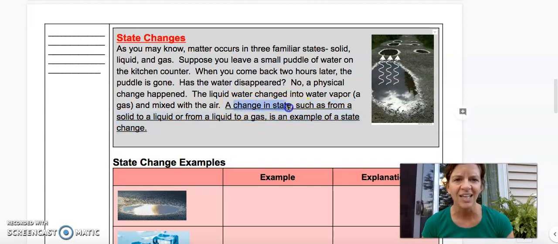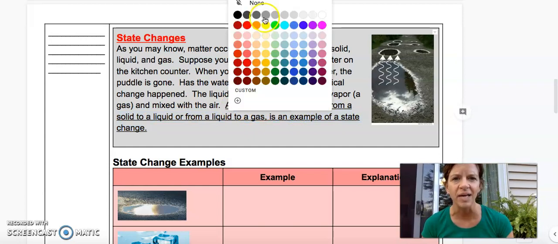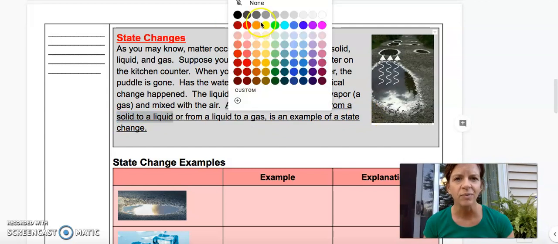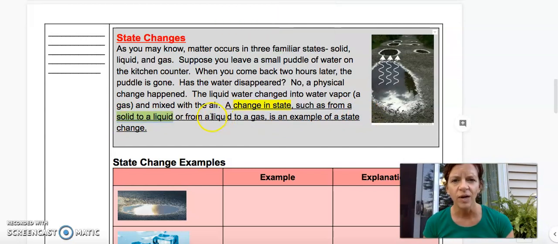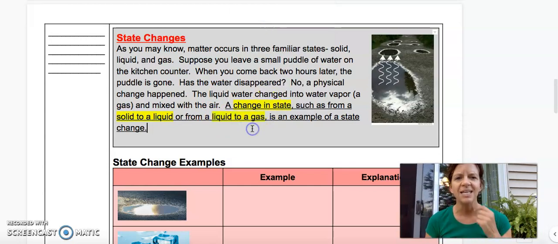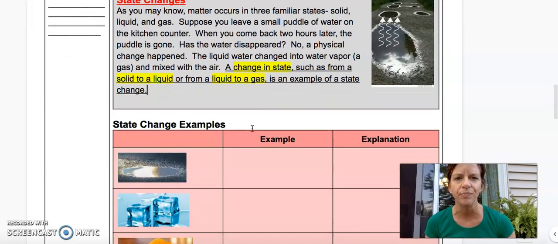So I'm going to highlight that because that's our main topic. Such as from a solid to a liquid, okay, that would be melting, or a liquid to a gas, that would be evaporating, is an example of a state change, okay? Yours looks like mine. Pause the video if you need to.